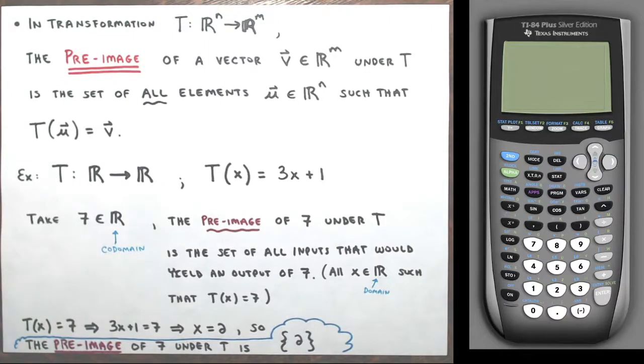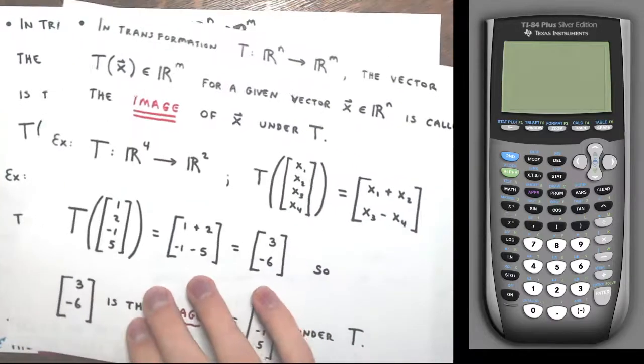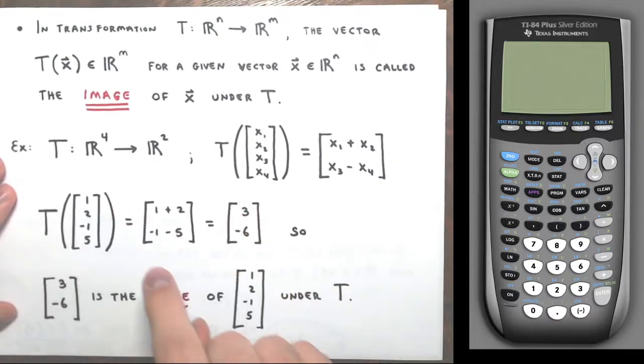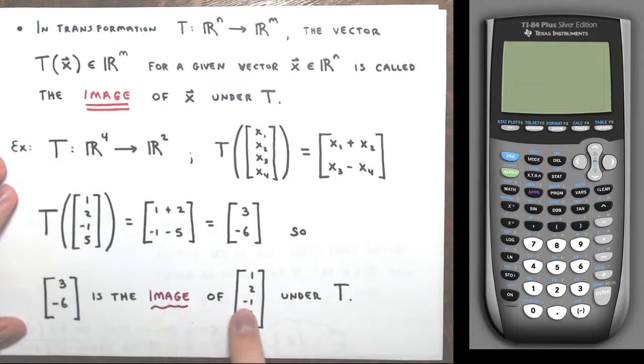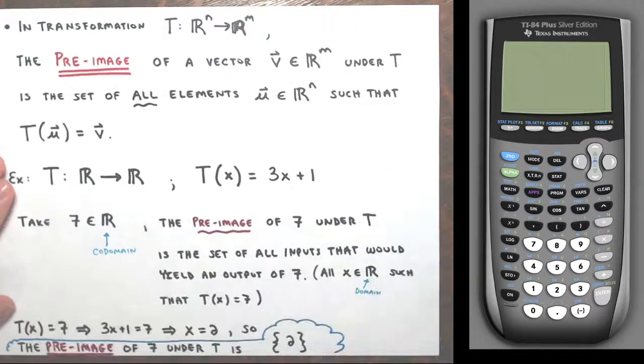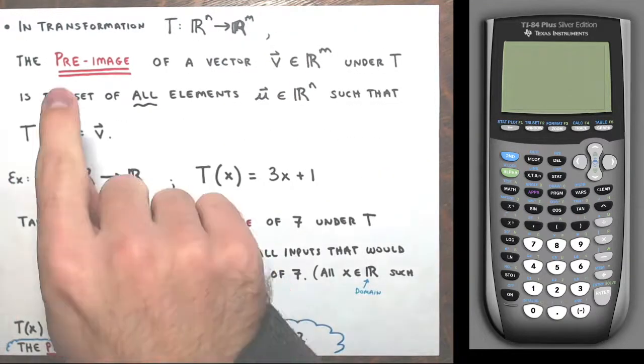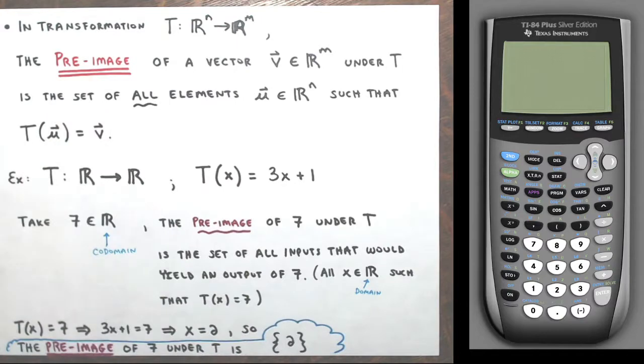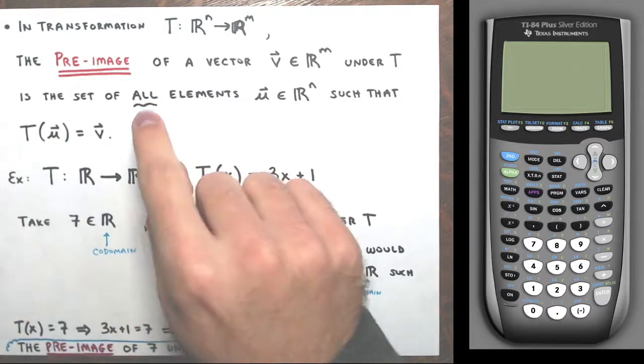Alright, so let's compare these with the image on the previous page. The image of an input is its output. The pre-image of an output is all the inputs that map to it.